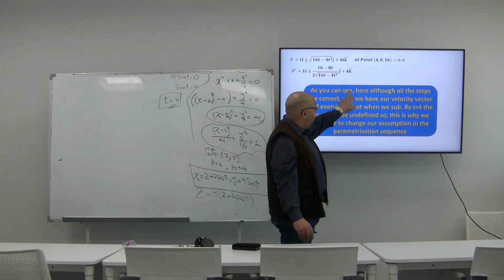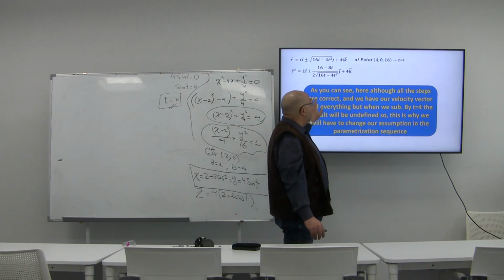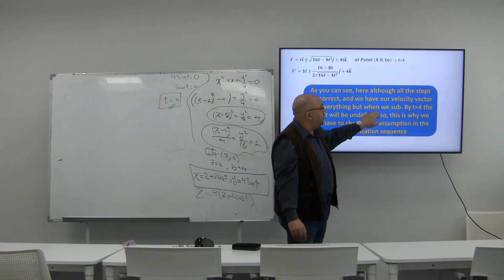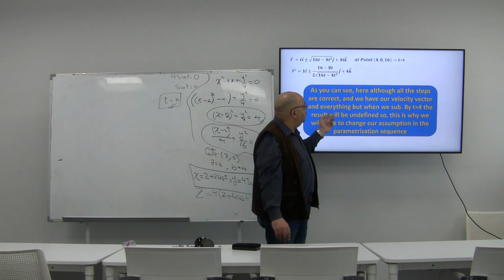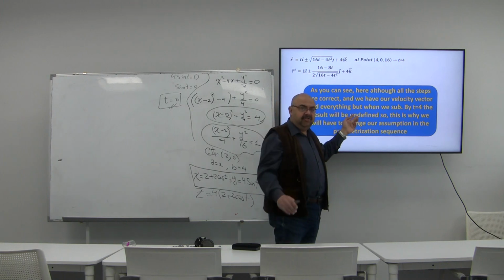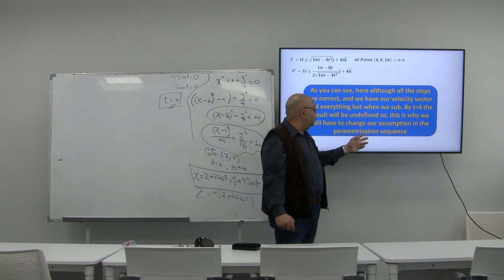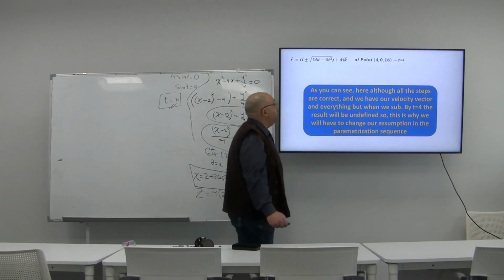As you can see here, although all the steps are correct, and we have our velocity vector and everything, when we solve by t equal to 4, the result will be undefined in the j direction. So this is why we will have to change our assumption in the parametrization sequence.